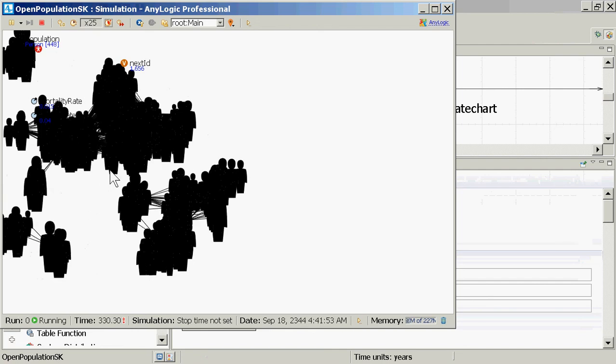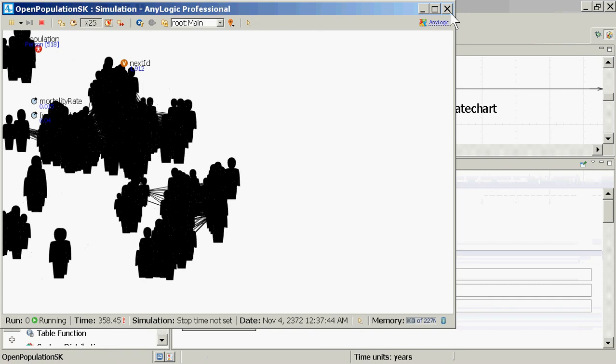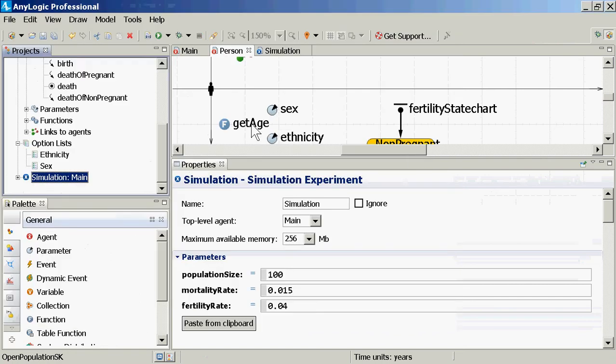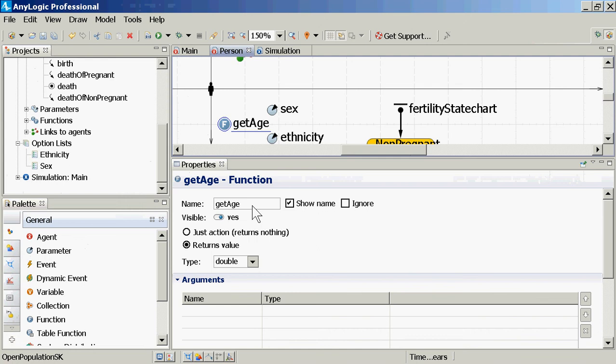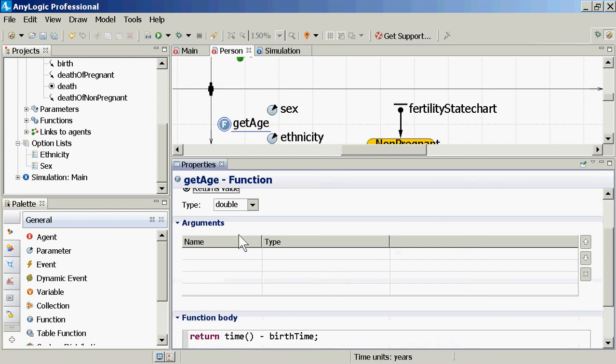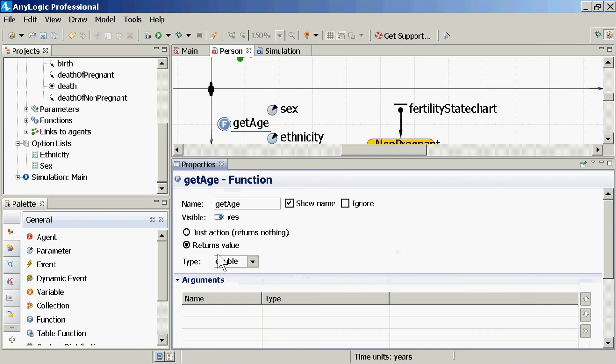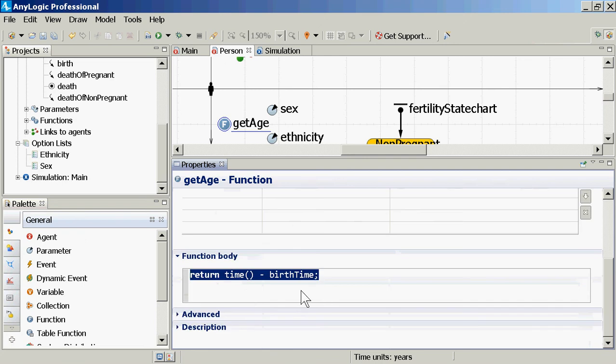Let me show how I did that. I had get age here. I added a function, and it returns a value that's a double, and this is the value it returns. It's the current age, current time minus the birth time.